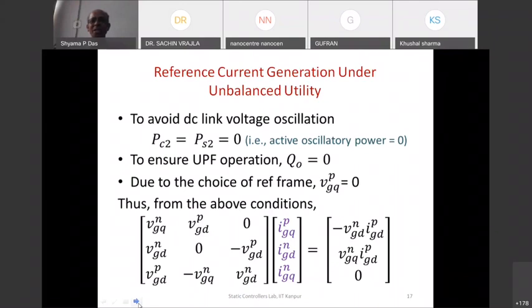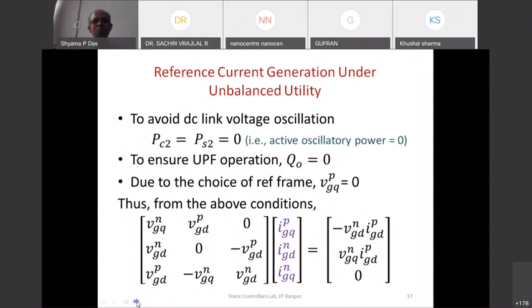So VGQ is equal to 0, because there is no component of the voltage along the q-axis, which is a very well-known thing because D and Q are at right angles to each other. So if D is aligned along the voltage vector, the voltage along Q will be equal to 0. So we have three conditions, so what are the conditions?